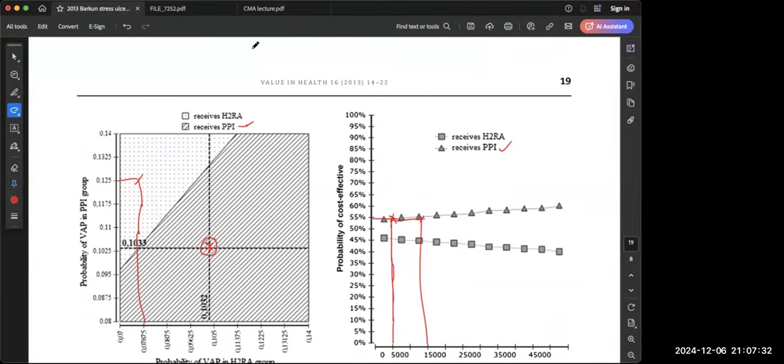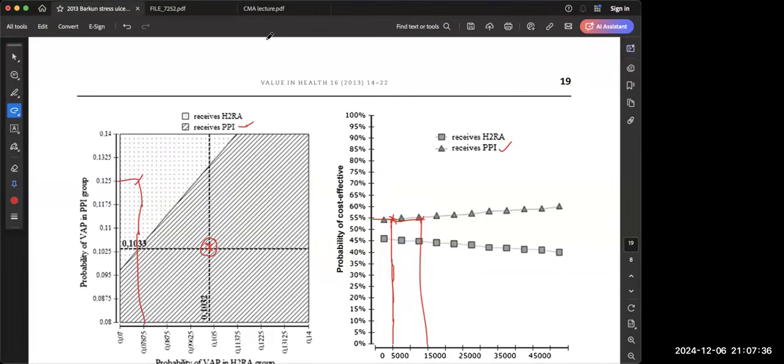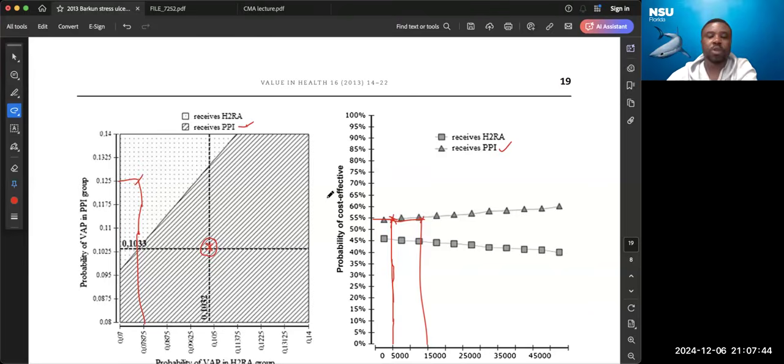I have a question, Milton, sorry. Based on this study, will we add the PPI to the formulary? Yes. Based on this study, our option is the PPI, because remember that this is better: it is less expensive and more effective.